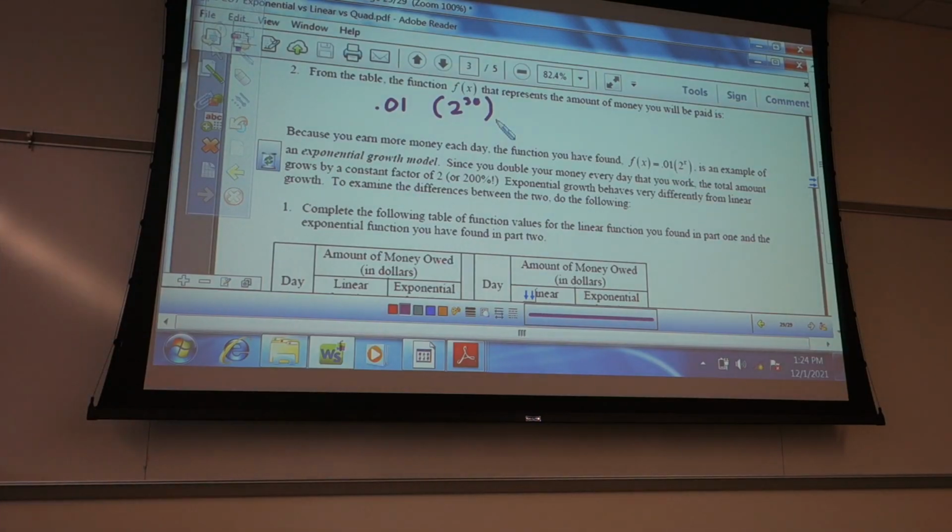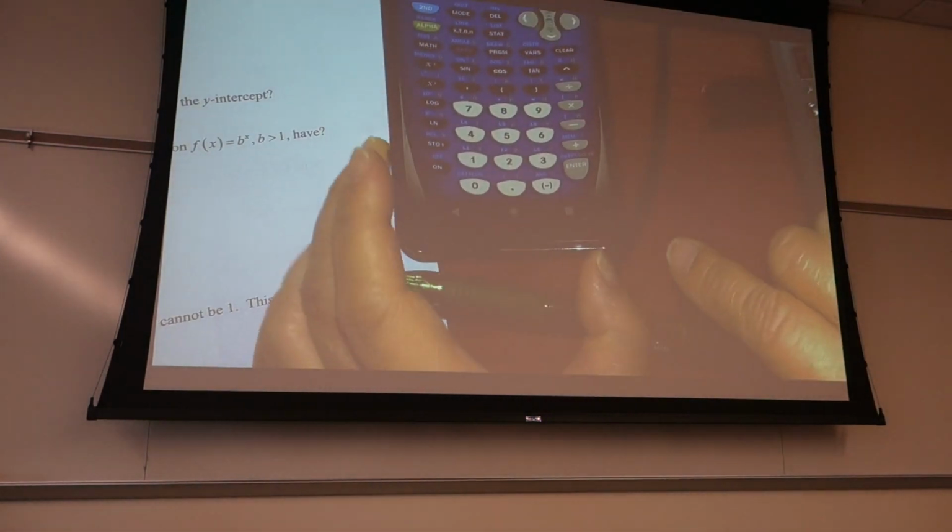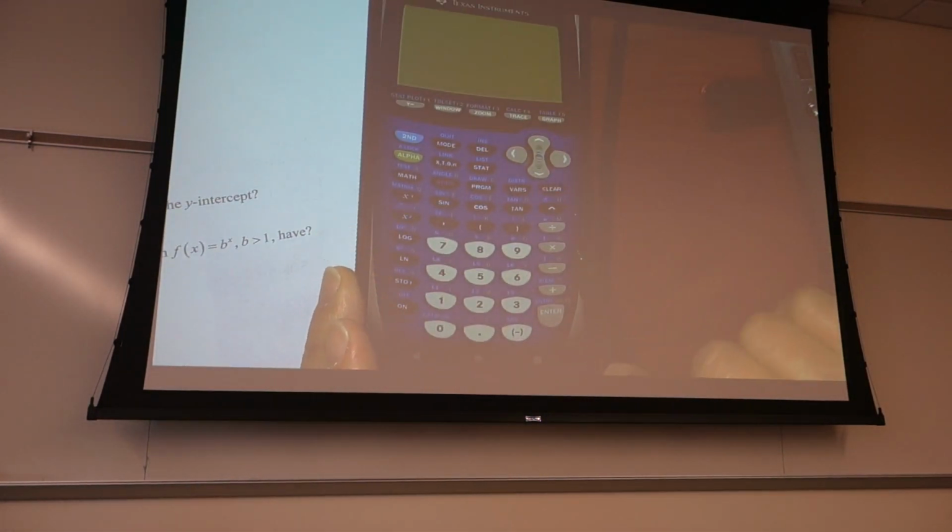So here, 2 to the 30th is some huge number, and then you multiply that by 0.01, it becomes slightly less huge, but it's still really big. 2 raised to the 30th, ginormous number, times 0.01, still a really big number.